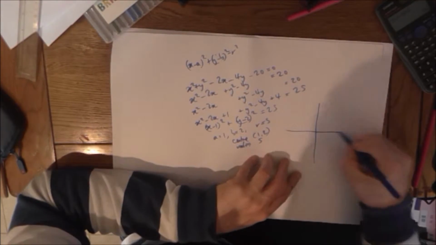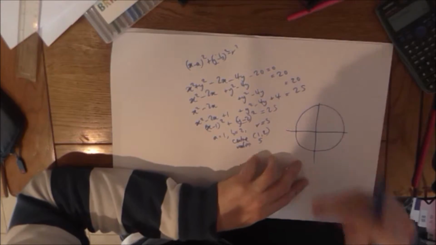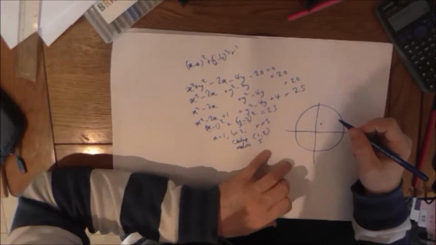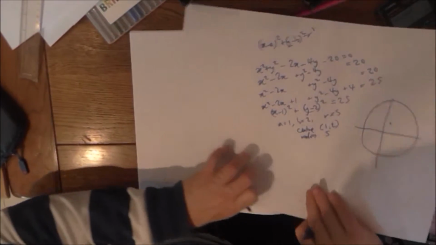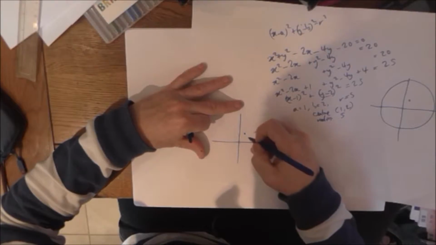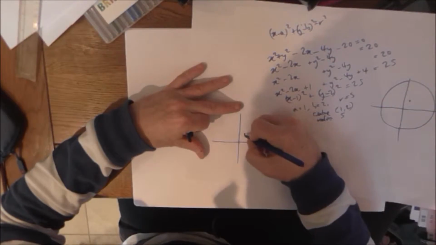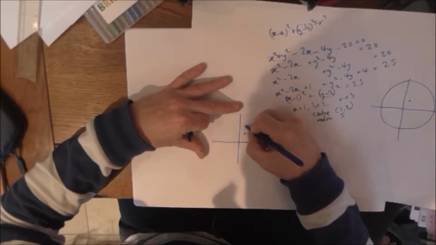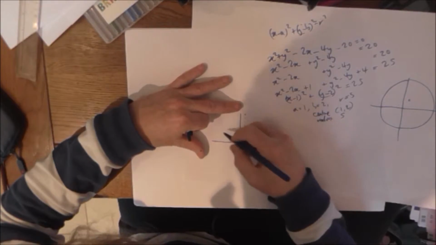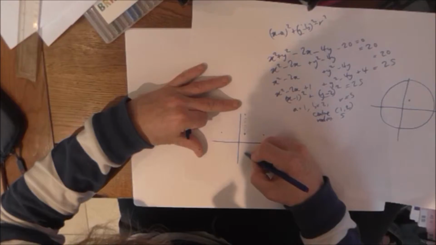Now, circles are really easy to graph. So (1, 2) is there. Whoops. Graph that again. (1, 2) is there. Go up 5. 3, 4, 6, 7. Go along 5. Down 3.